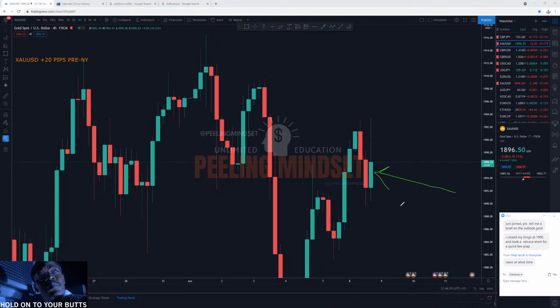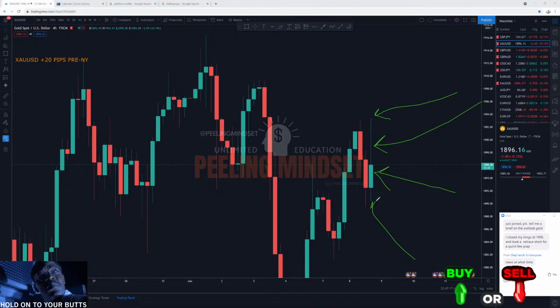It retraced down pretty hard. We also saw a push on the upside. We also saw a pretty hard retracement. If you go earlier into the stream, you will see me drawing the exact candle. This was the exact candle I drew. So what does that tell?